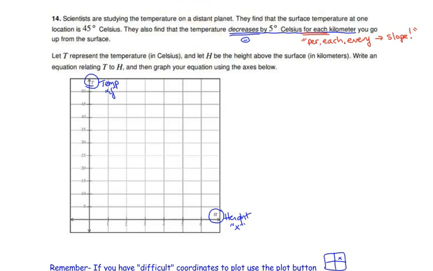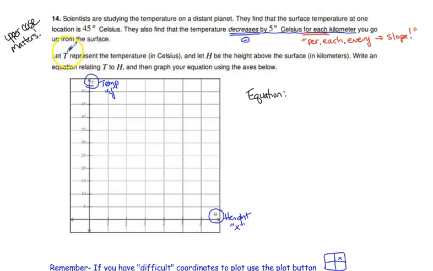So let's write our equation. Now I'm not going to use y equals because those are not my variables. I have t on the y-axis, h on the x, and remember, uppercase matters.